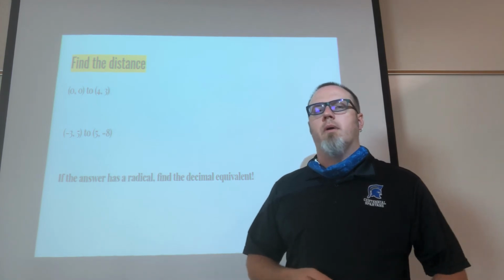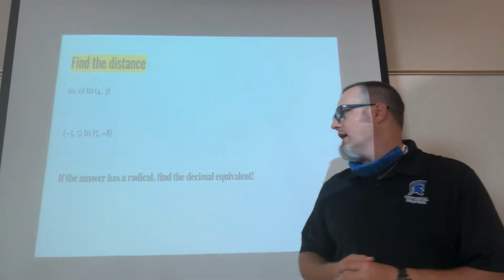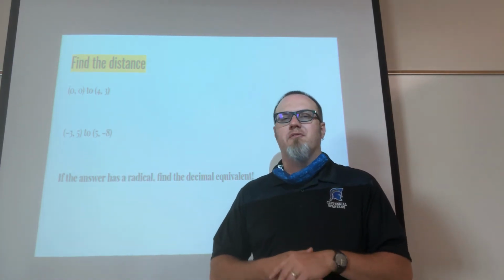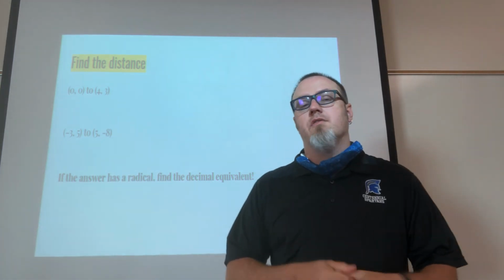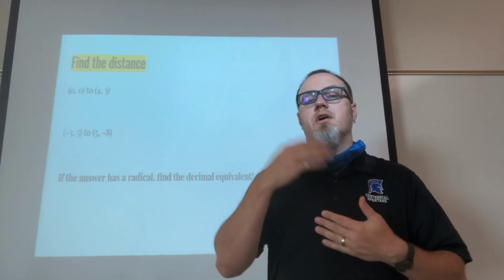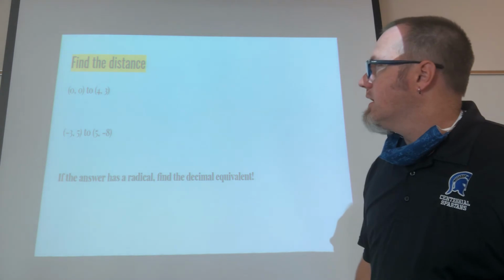We'll talk more about reducing the square root later, but basically if the answer has a radical, find the decimal equivalent. If they have 5 square root of 6 or something like that, then find that 5 square root of 6 and see if that matches up to the decimal answer that you got, okay?